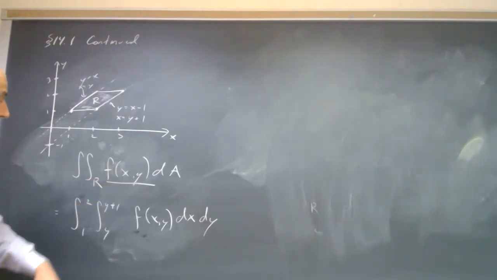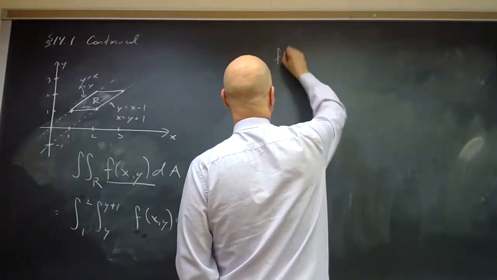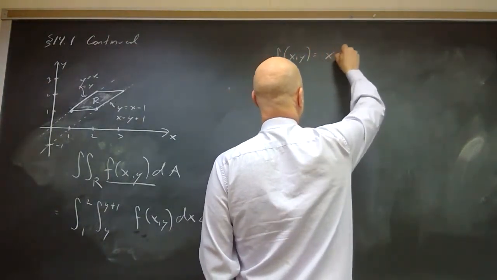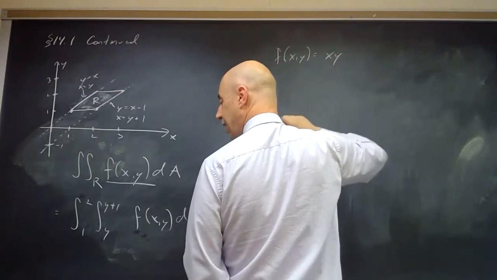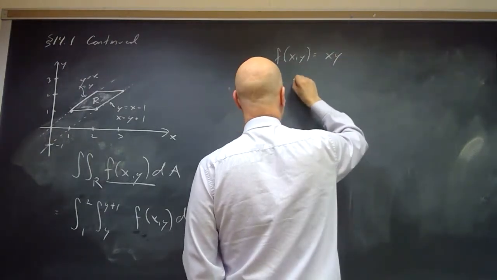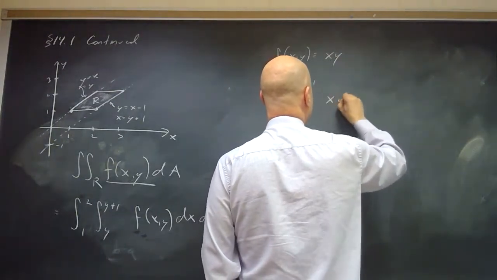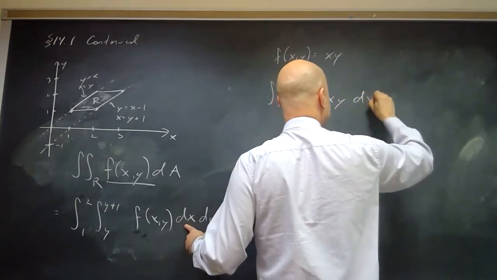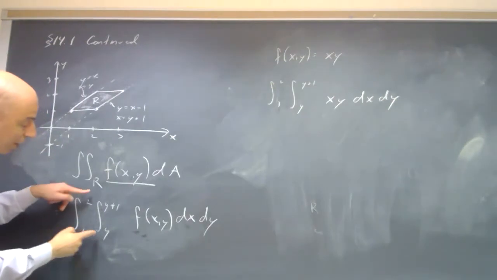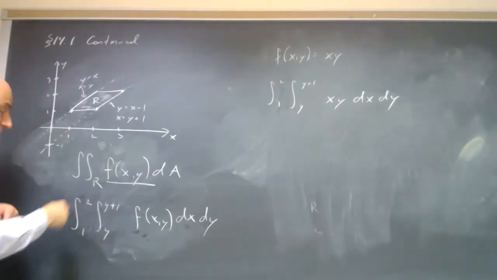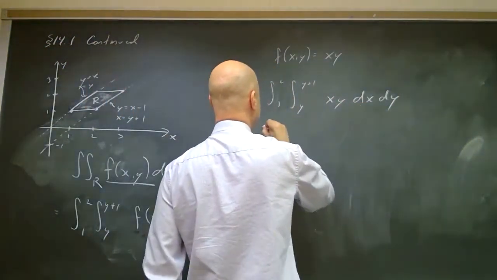Let's actually do this with a specific example. So let's say f of x y equals, so let's just say xy. So what we're integrating here is from 1 to 2, and from y to y plus 1, xy, we're doing x on the inside and y on the outside. Again, I emphasize that on the outside, we always have just numbers here, but on the inside, we can have the outside variable. So the first thing we're going to do is take the antiderivative with respect to x.